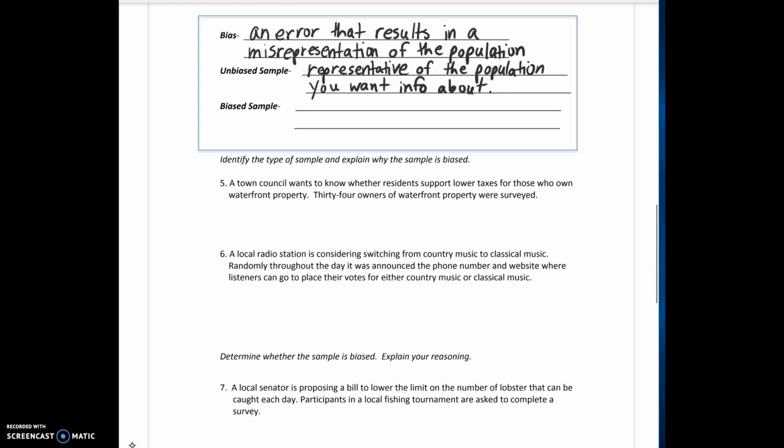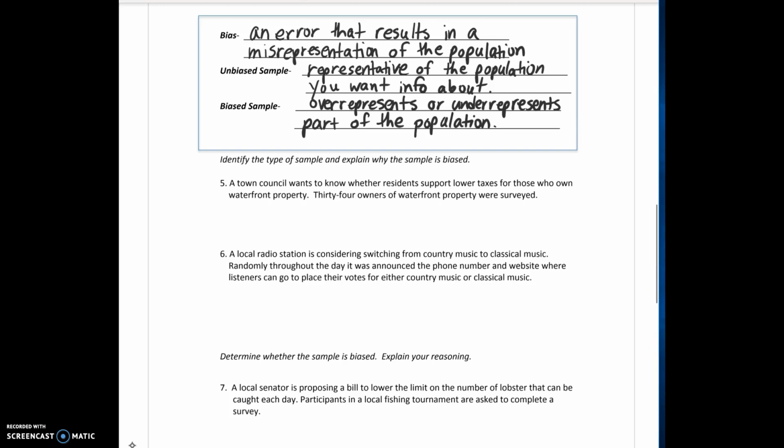And then bias, and this is where you have to determine if this is happening, is either overrepresenting or underrepresenting part of the population. And usually it's both. It's going to overrepresent a portion of the population and underrepresent another. So that's kind of what we're going to look at when we decide if something is biased or not.